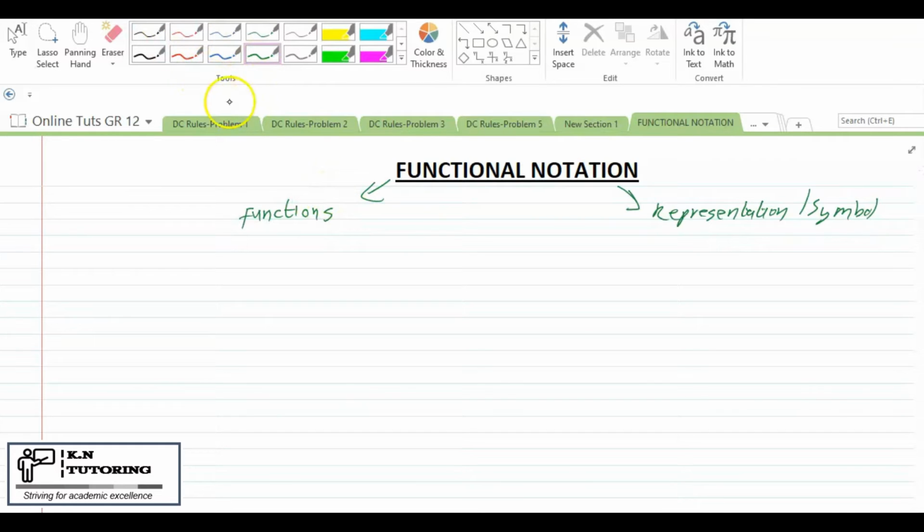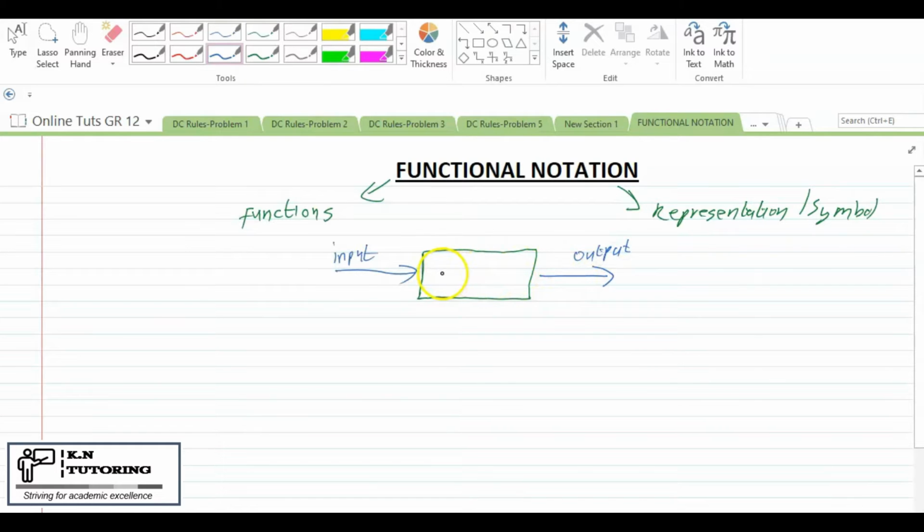For example, this reminds me of what you did in your previous grades, maybe in grade 8 or grade 9. We can agree that if you have a machine like this, you put in an input, and we agree that we will have an output.